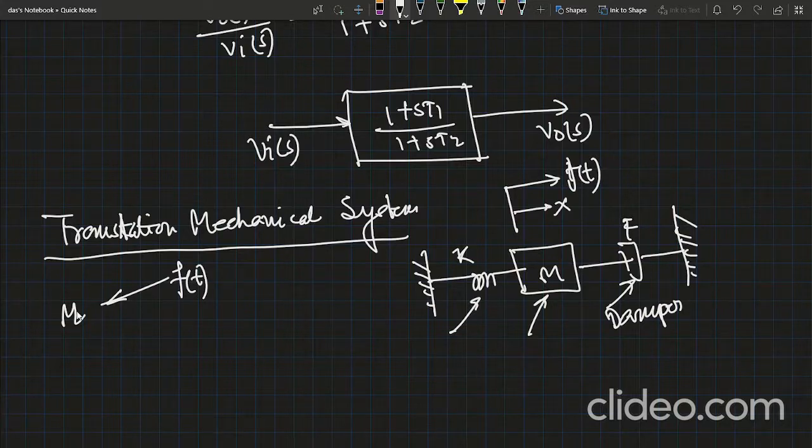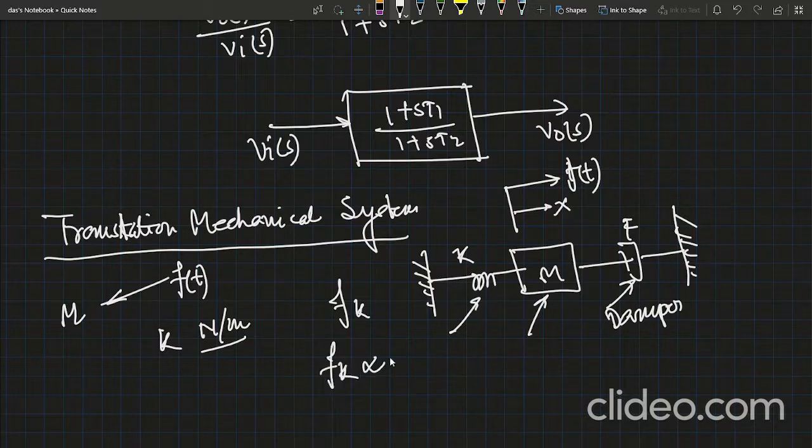This inertia force is the product of the mass and its acceleration. The spring deflection coefficient is capital K, in newton per meter. The restoring force Fk of the spring is proportional to its displacement, so this restoring force is always proportional to the distance x.